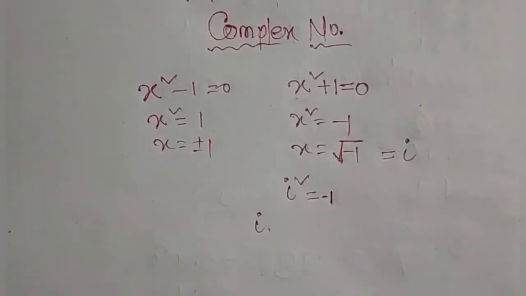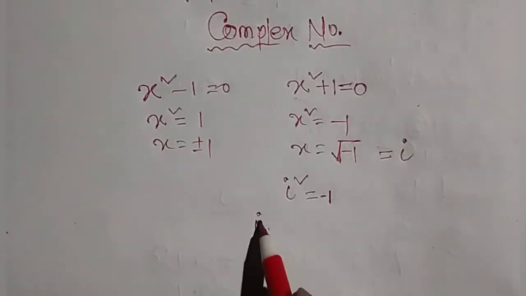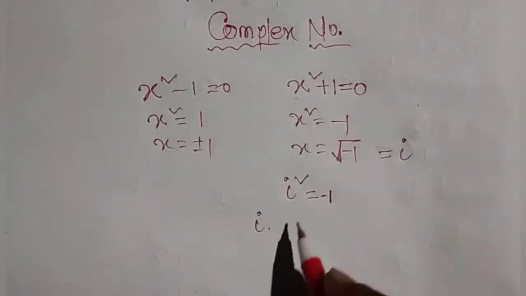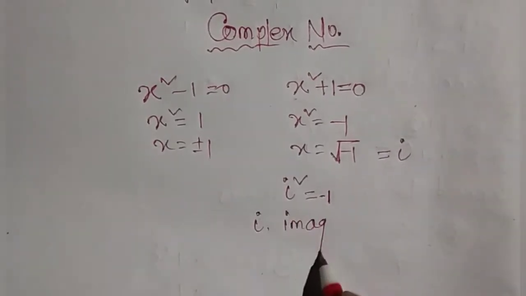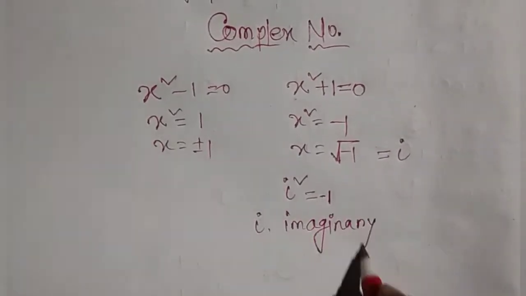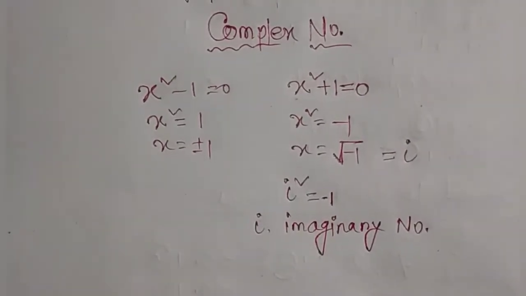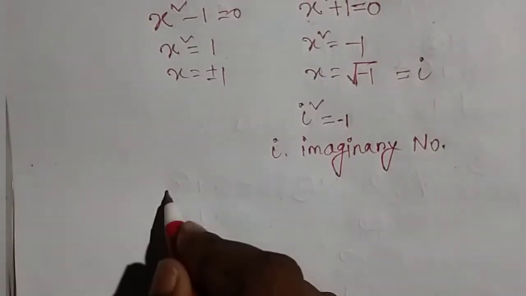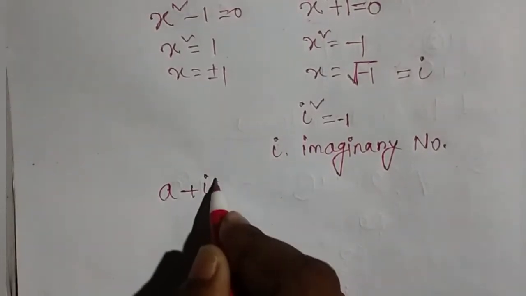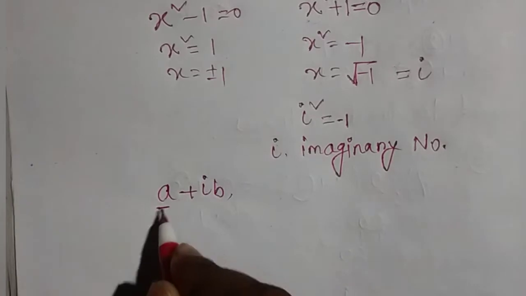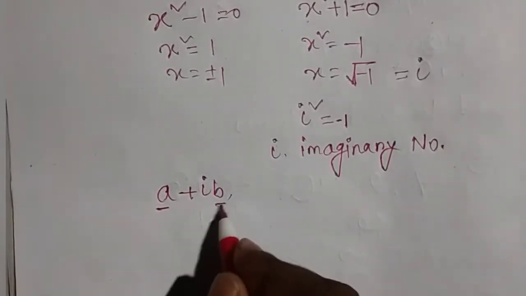Understood everyone? And he called the symbol i an imaginary number or imaginary unit.